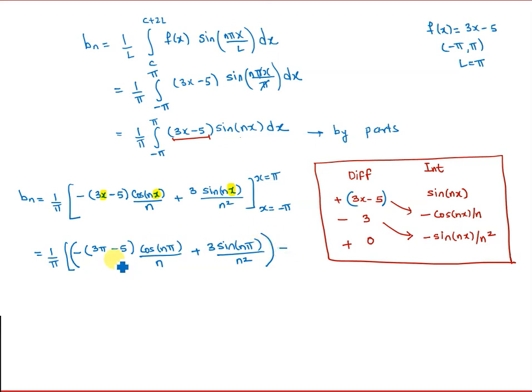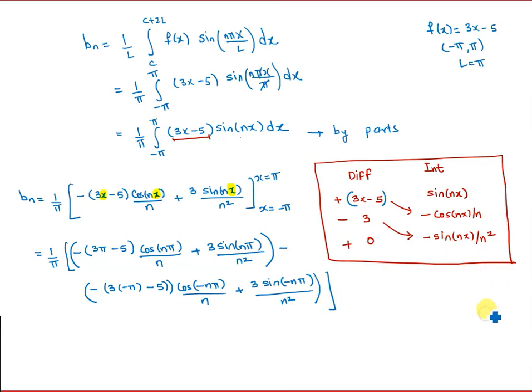Minus of, when we replace x by minus pi, this minus sign is already there, minus (3 times minus pi minus 5) cosine of minus n pi over n plus 3 times sine of minus n pi over n square. Okay, so we have these limits.